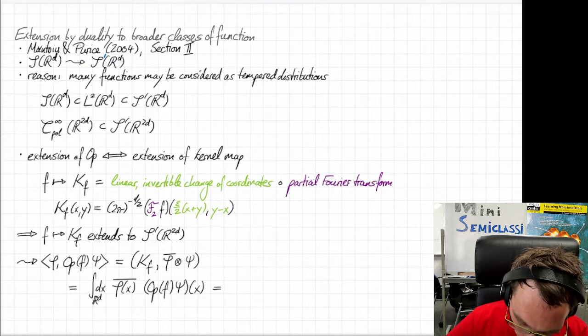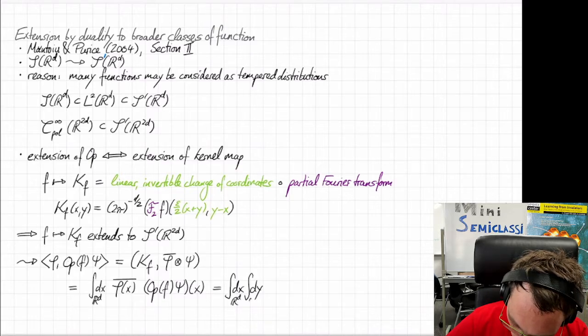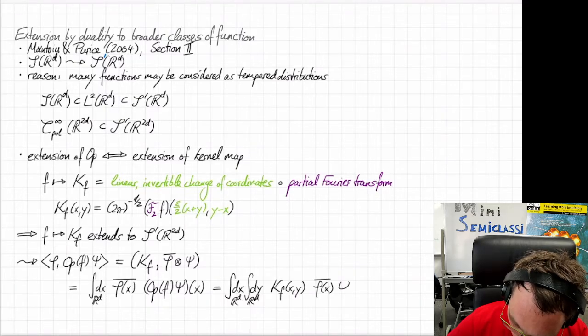And this just gives me two integrals, one over x, one over y. And now I have the kernel map. I have phi of x complex conjugate, psi of y.